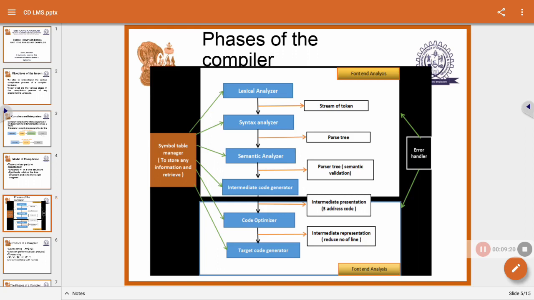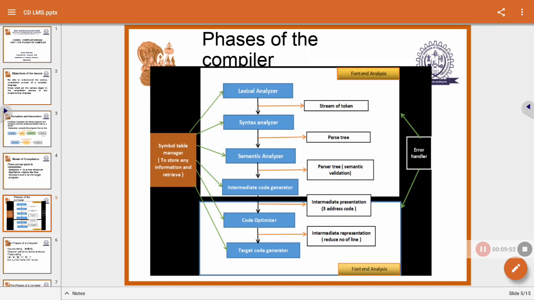When the tokens are given as input to the syntax analyzer module, the syntax analyzer will generate a parse tree. The parse tree can be built either in a top-down approach or a bottom-up approach, that is, bottom to top or top to bottom. Now the parse tree is generated.